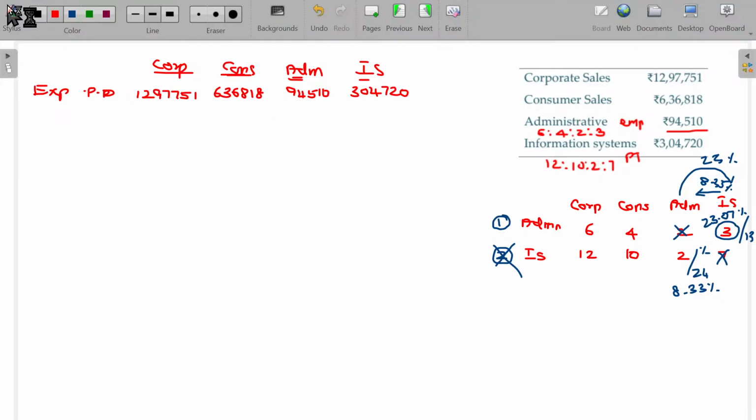Now step or ladder method or step distribution method. I will take the admin first of all. 94,510 is subtracted, will be shared among the other departments in 6:4:3 ratio.